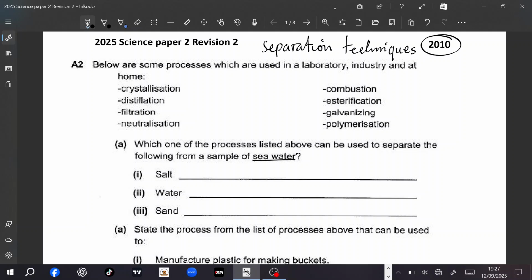These are some of the properties which components in the mixture maintain, which enables them to be separated.